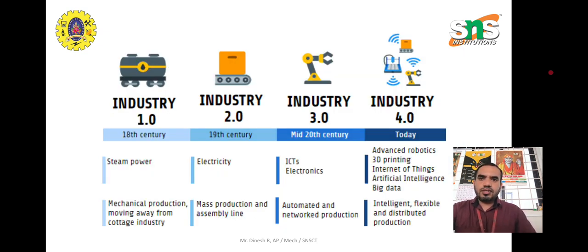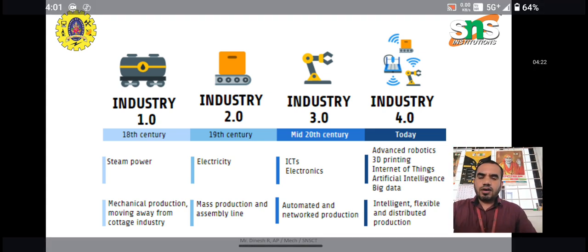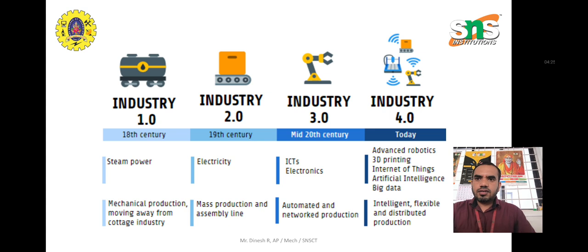So this is the overall layout of industry 1 to 4. Industry 1.0 was in the 18th century, where steam power was used and mechanical production moved away from cottage industry.